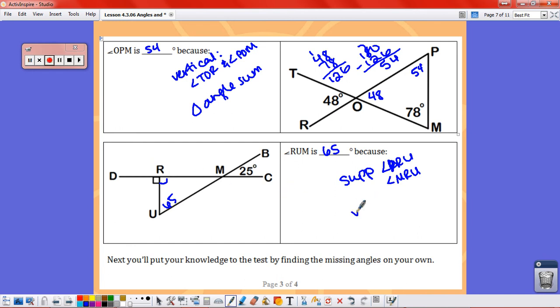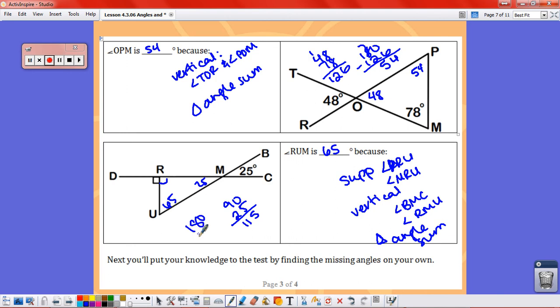And then we have vertical angles. BMC is 25, so RMU has to be 25. And then we have 90, so triangle angle sum. 90 and 25 makes 115. And 180 minus 115 is 65.